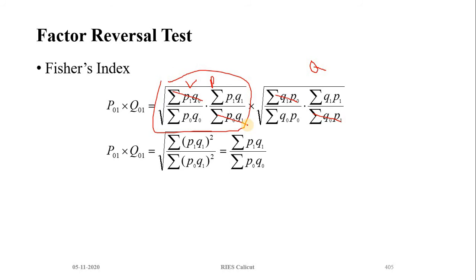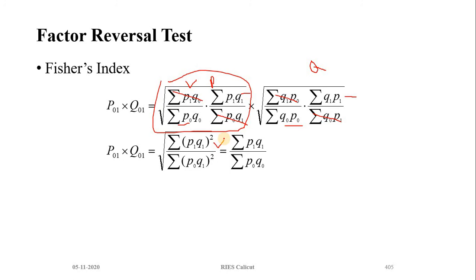The remaining is sigma P1 Q1 here and also here, and sigma P0 Q0 here and also here, both are the same. So what I'm going to take is the square of sigma P1 Q1 divided by sigma P0 Q0, all under the square root.